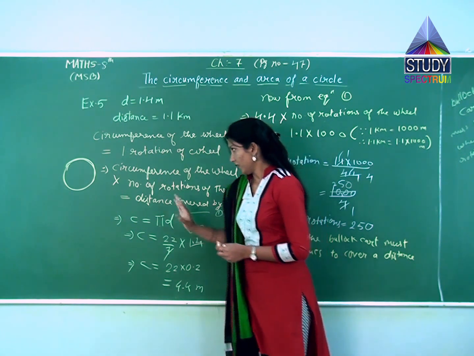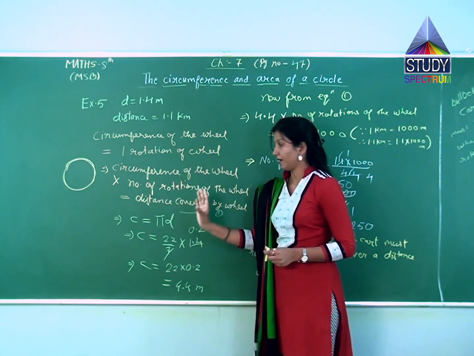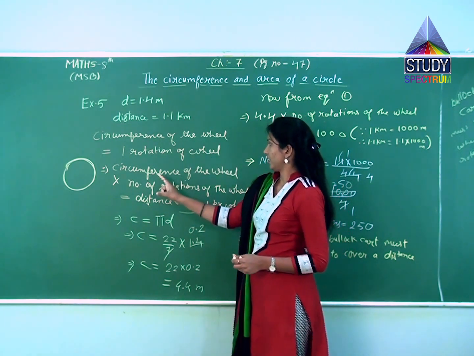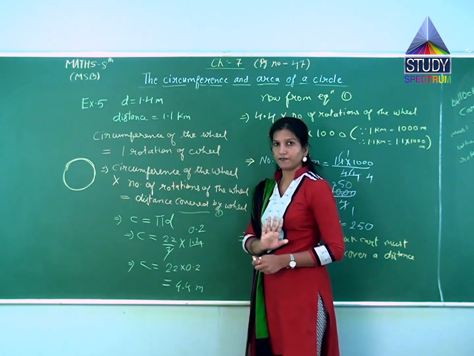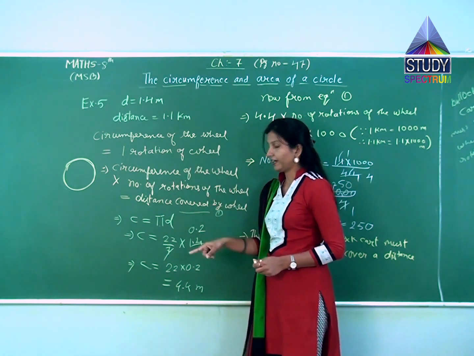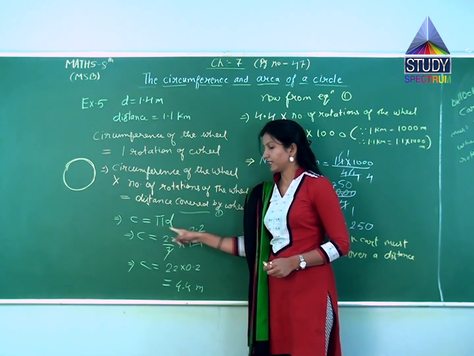So we will find the number of rotations from this statement, but for this we must have the circumference of the wheel, and at present we do not have it. So we will find the circumference, that is C is equal to pi d.